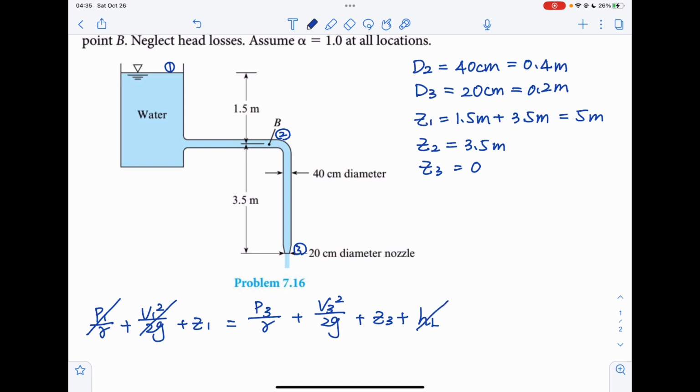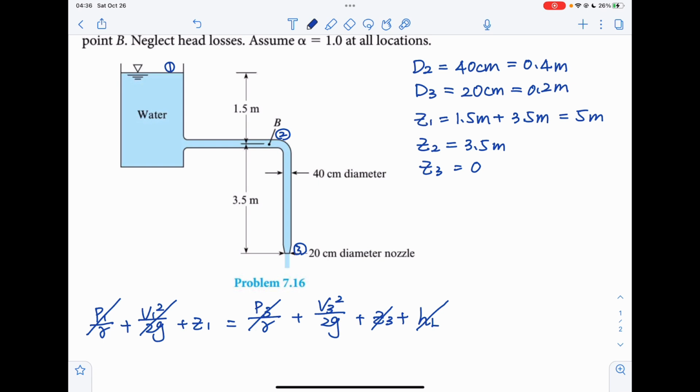And the elevation of point 3 is also 0, and because point 3 is open to the air, the pressure is also 0 here.